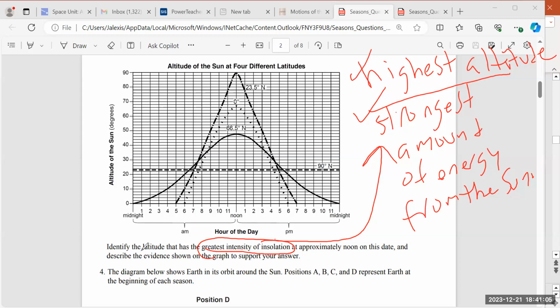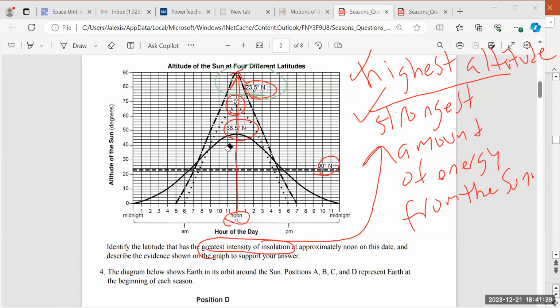So when I'm looking at these 4 locations, 90 degrees north latitude, 66.5 degrees north, the equator, and 23.5 degrees north, which one has the highest altitude? Which one does the sun have the highest altitude at noon? Well, the one that has the highest altitude at noon is definitely going to be 23.5 degrees north.